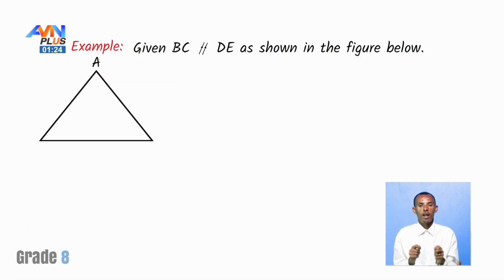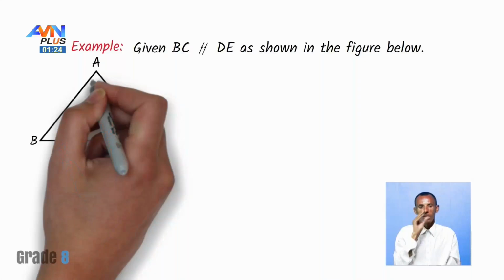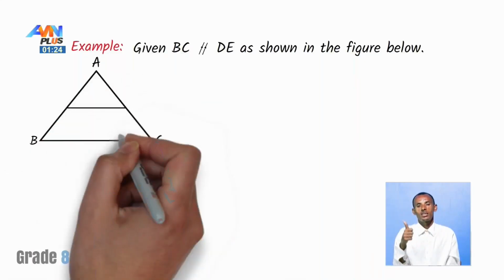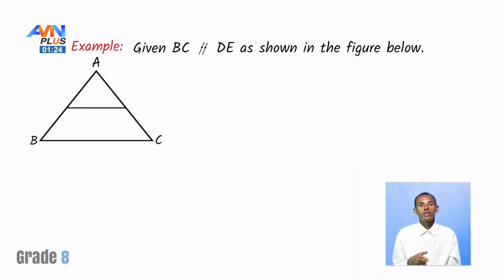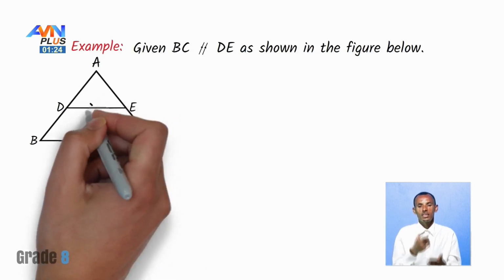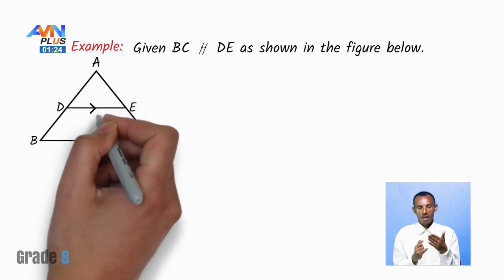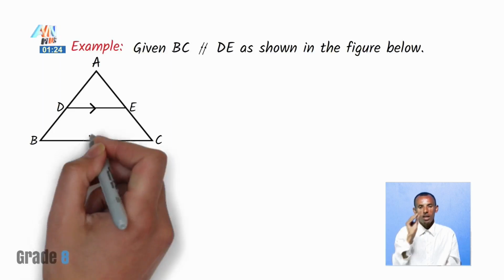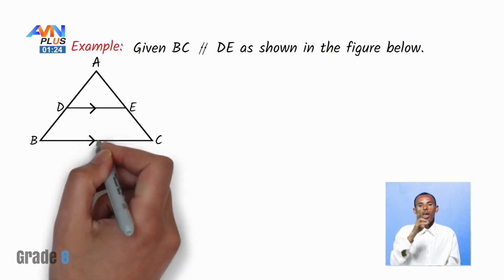Say A, B, C, and there is another segment. Say this is DE. Okay, and in this figure, BC and DE are parallel.